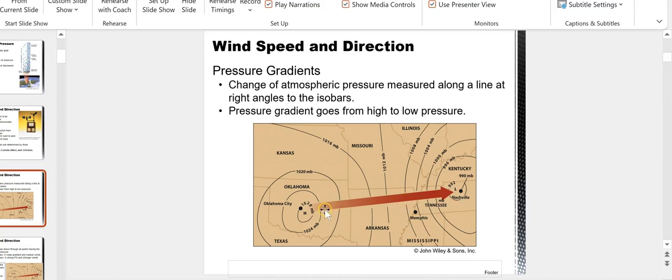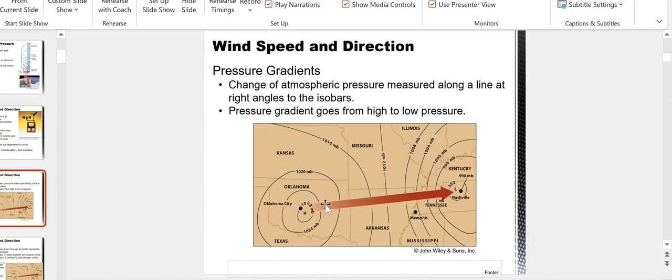Now, what this red line is showing you is that, remember how previously I said that if you have a column of air that's being pushed down upon and that air is moving toward the surface of the earth, once it hits the surface of the earth, where does it go? Well, guess what?